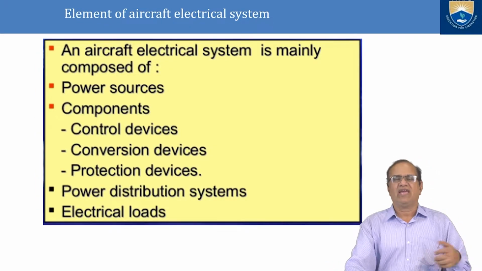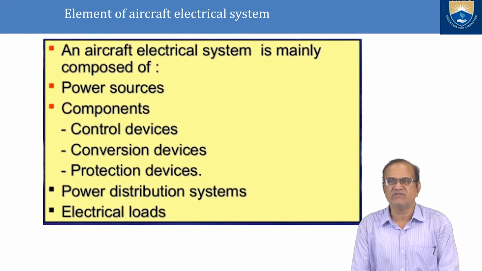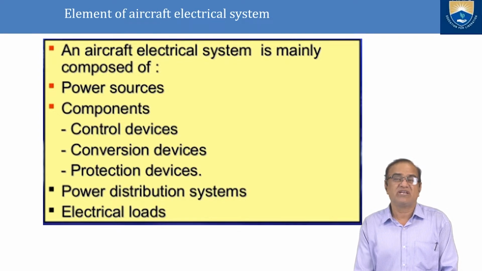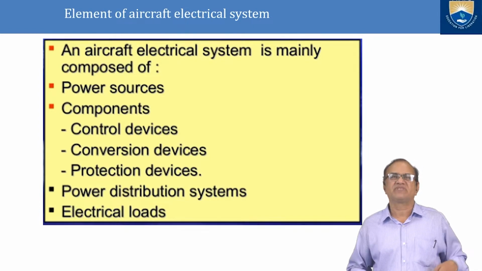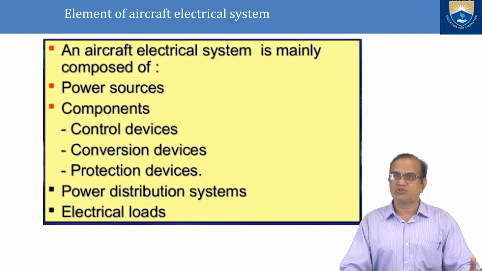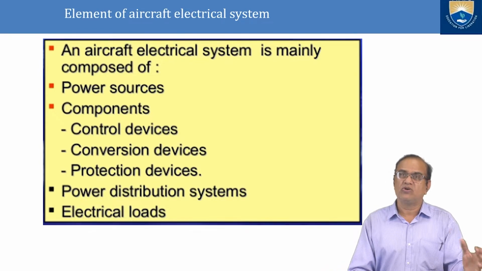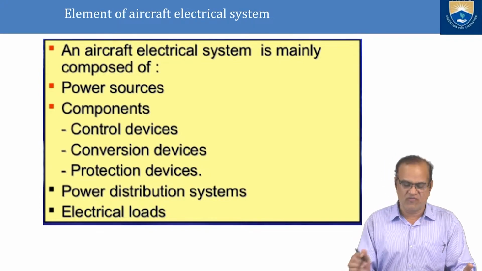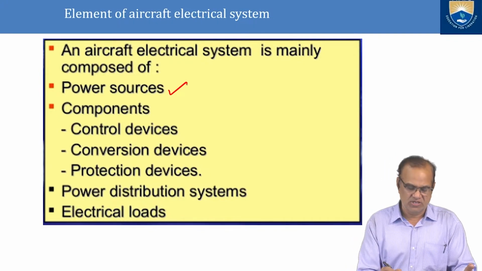Now I will go with elements of aircraft electrical system. What are the parts or components related to the aircraft electrical system? This is depicted in this slide. An aircraft electrical system is mainly composed of a power source.